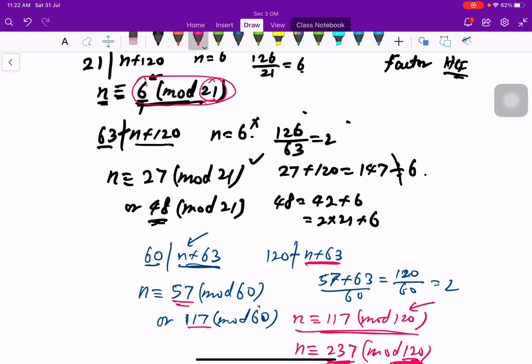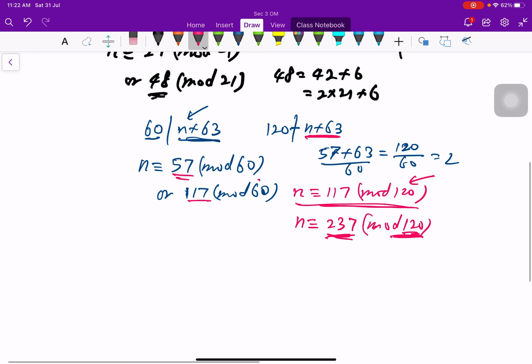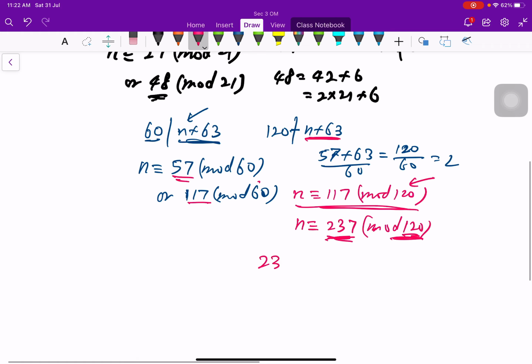And can I say that it happens that this number 237 is also congruent to 6 modulo 21? Right? Therefore, this part here, if you go and divide, it is also modulo 21.